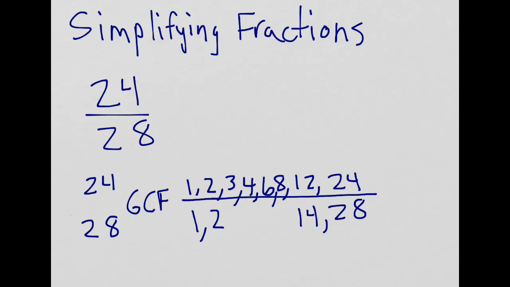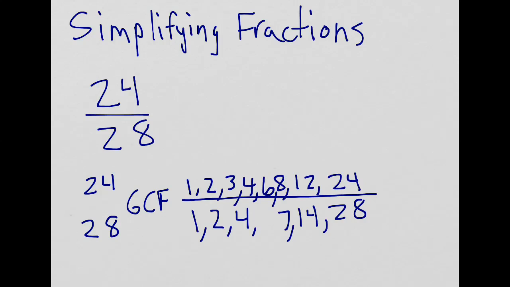And then I know over here, 4 times 7 is 28. 5 times, nope, can't go into 24 or 28. 6 times can't go into 24 or 28. So these are my common factors.